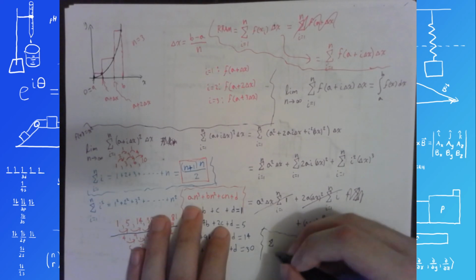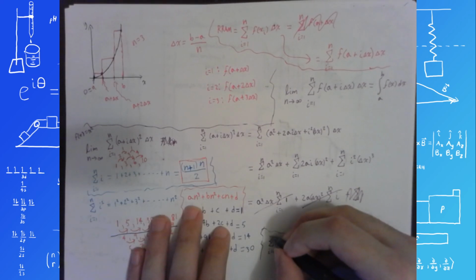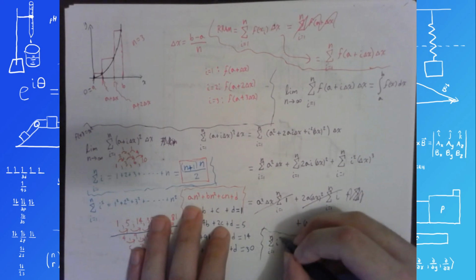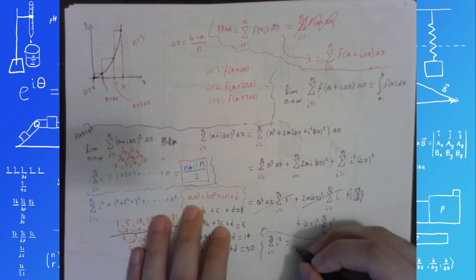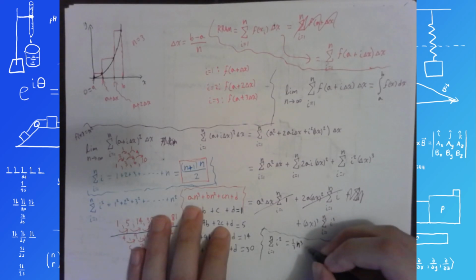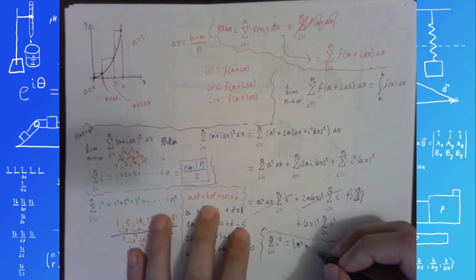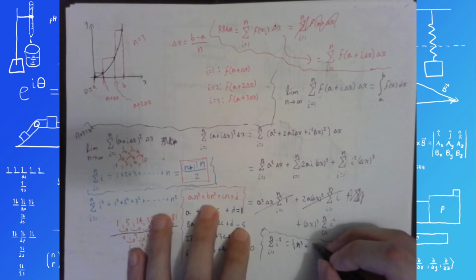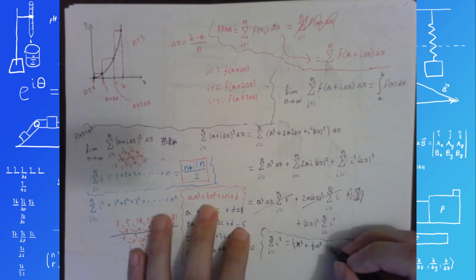The sum from i equals 1 to n of i squared is equal to 1/3 n cubed, plus 1/2 n squared, plus 1/6 n.